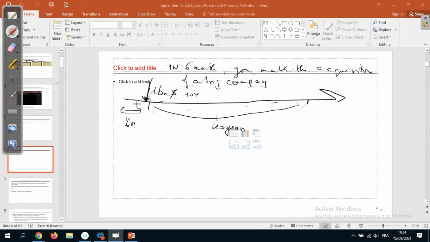So you will issue a bond paying fixed, because you want to know the coupon you pay each year, okay? So you will buy a firm financed by the issue of a bond paying fixed, okay?